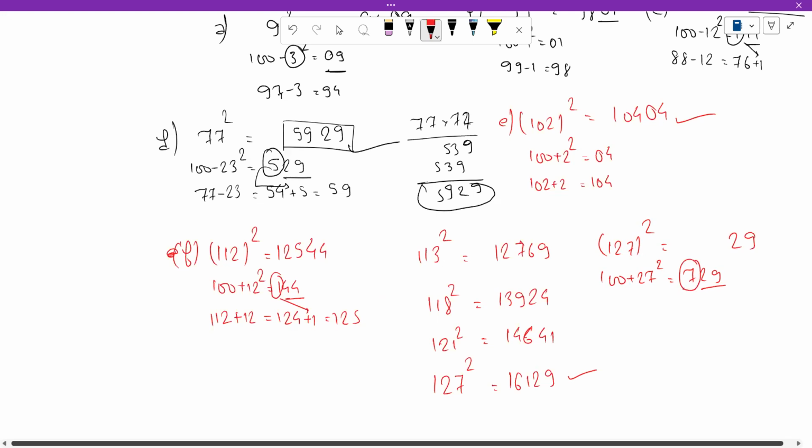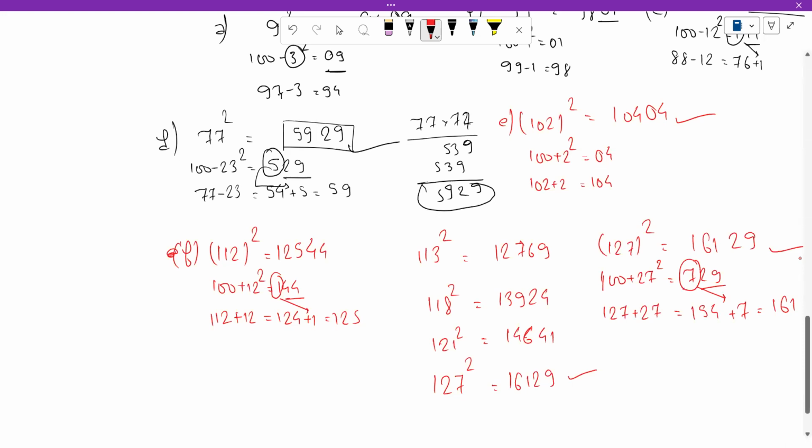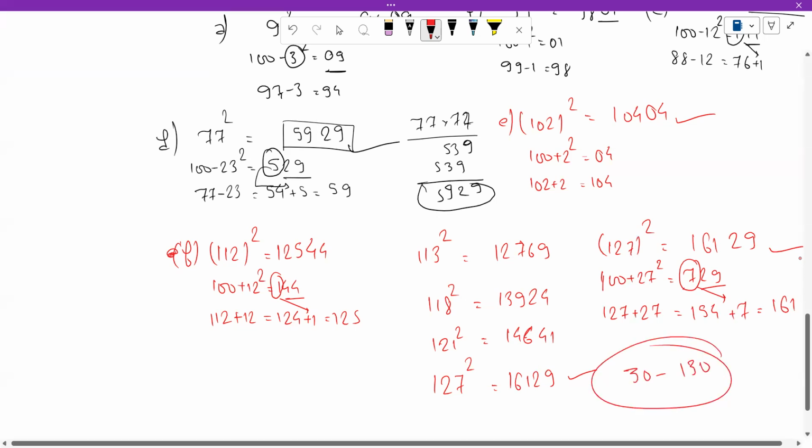Since it is 27 more than 100, I'll add 127 plus 27, which is 154, and this 7 will come here, plus 7, so 161, so 16129. Okay, this is how you can calculate any number from 30 to 130 with the help of just two tricks.